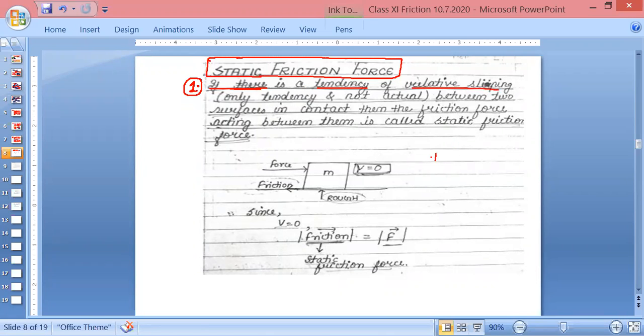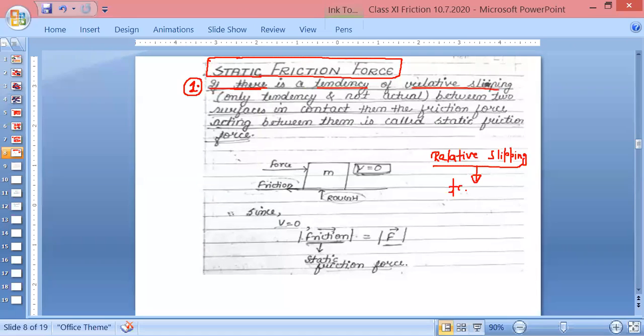What is written? Relative slipping or motion. And one more important word in this definition is tendency.